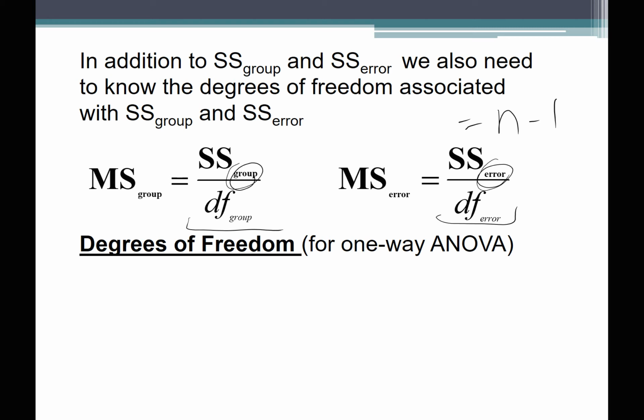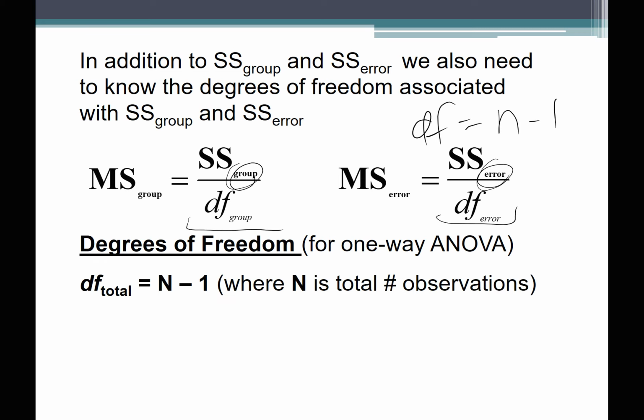And that was our degrees of freedom, right? Slightly more complicated now. We're building on what we worked on before. So now we have 2 different degrees of freedom we're looking at, for group and for error, so between and within.